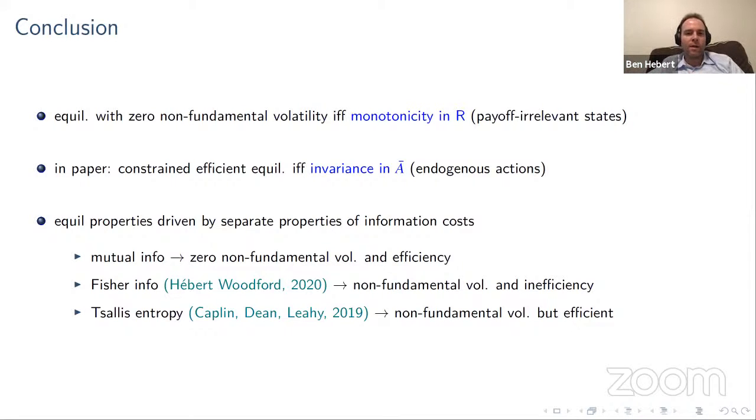On a more micro level, the paper that I have with Mike that Jennifer has listed here asks what we can learn in a lab experiment about how people gather information. What properties of cost functions fit lab data?